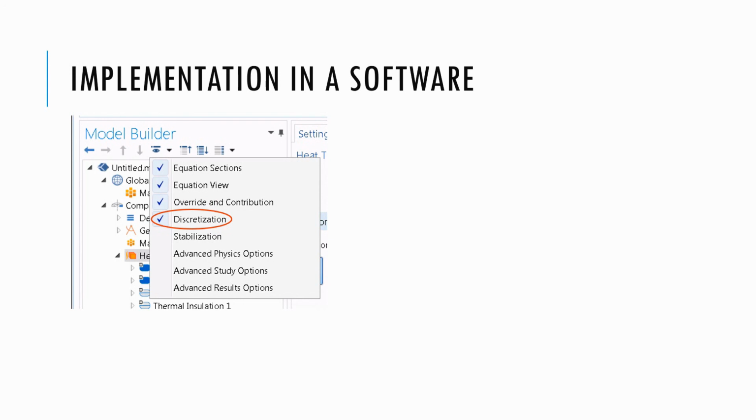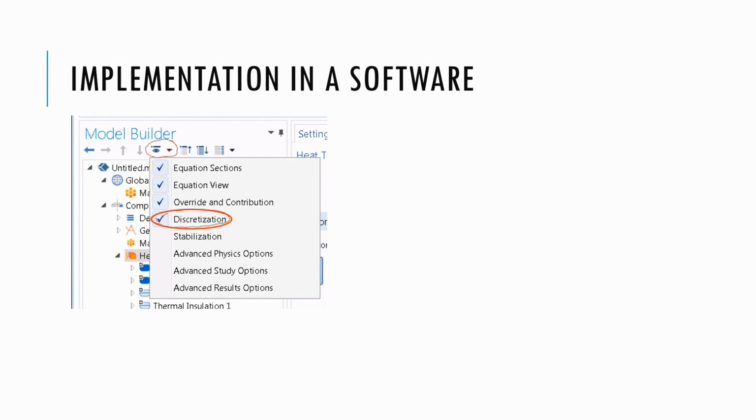First you have to turn on discretization. If you click on this arrow, you have to actually check discretization before you can see it, because this is not something we need to play with normally. We don't play with the element types, higher order elements, very often.